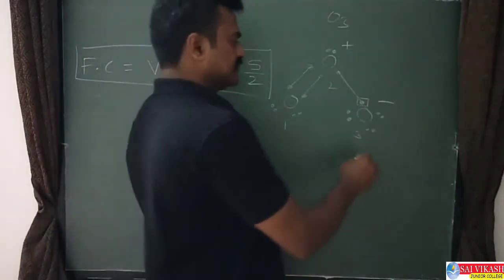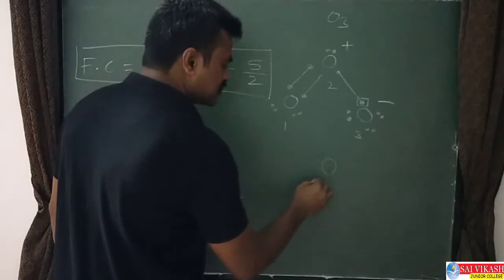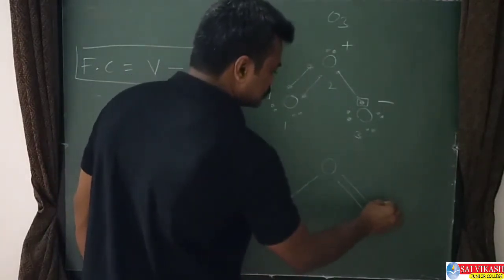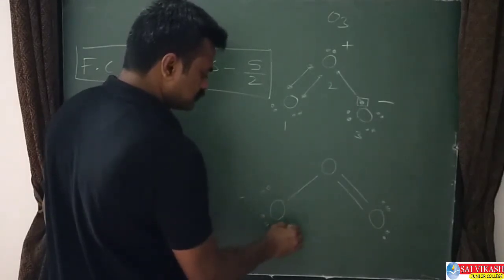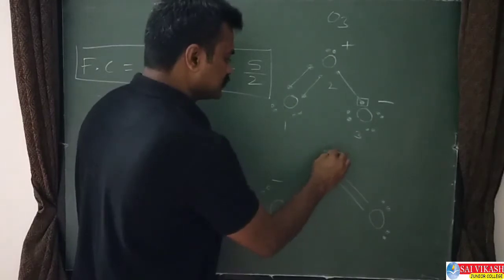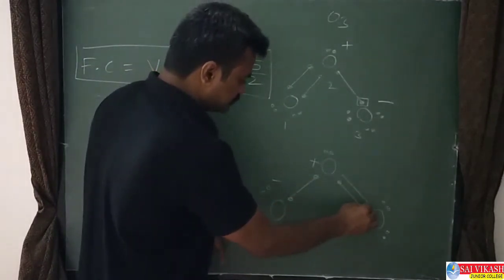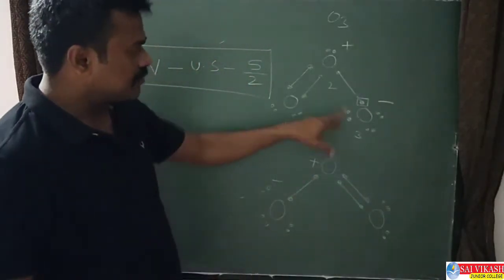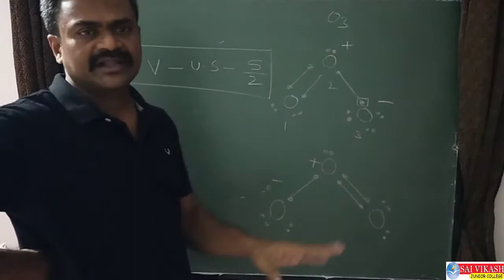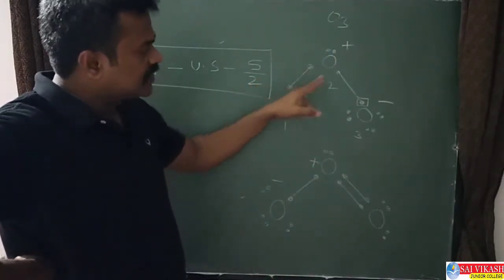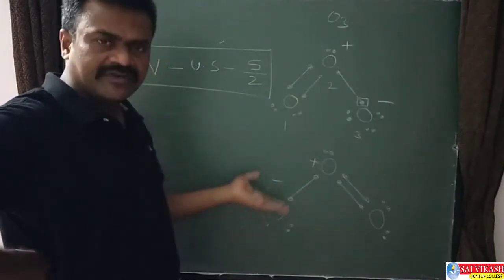There is another possibility also. The double bond can form between these two oxygen atoms, and the single bond can form here instead. It is not like the double bond can form only between these two oxygen atoms and the single bond only between those two. The double bond can form between any two oxygen atoms, and the single bond can form between any two oxygen atoms.